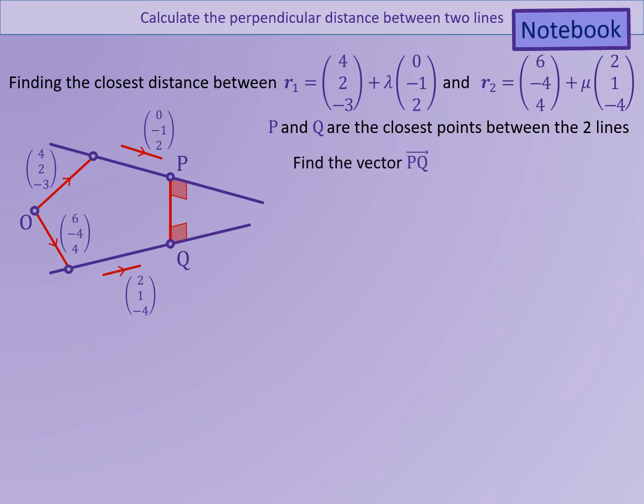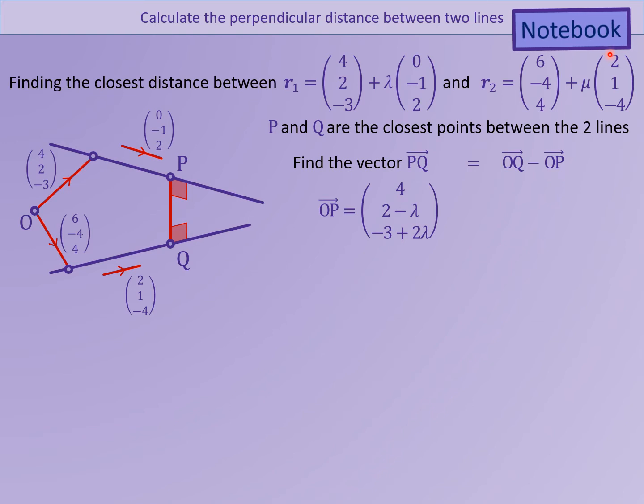We're going to find a vector PQ in terms of mu and lambda. So PQ can be found by calculating OQ minus OP. Because P lies on the first line, we can write OP in terms of lambda. So (4, 2 - lambda, -3 + 2 lambda). That is coming from the equation of the first line there.